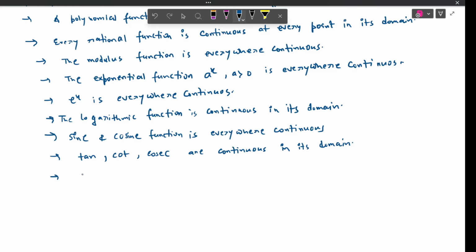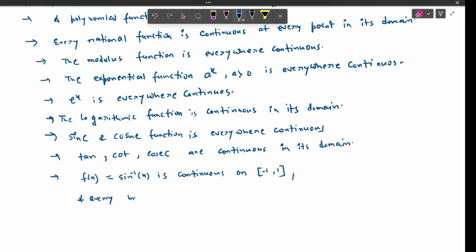And remember, f of x equals sine inverse x is continuous on -1 to 1. So not only this, every inverse trigonometric function is continuous in its respective domain. So let me write it here.